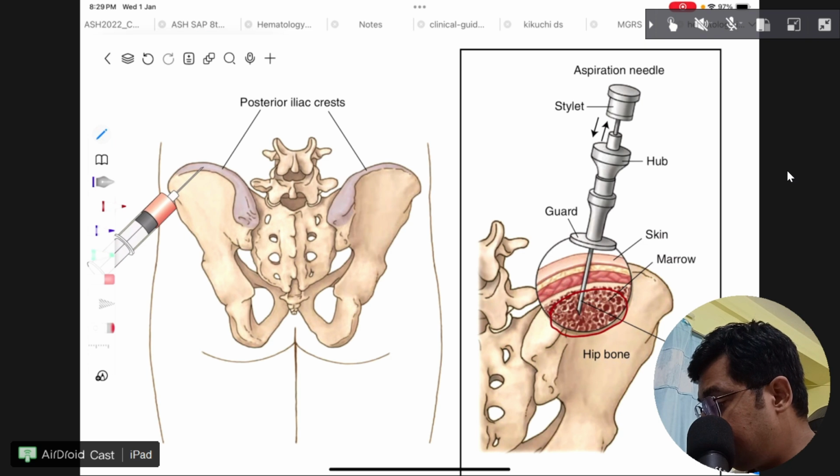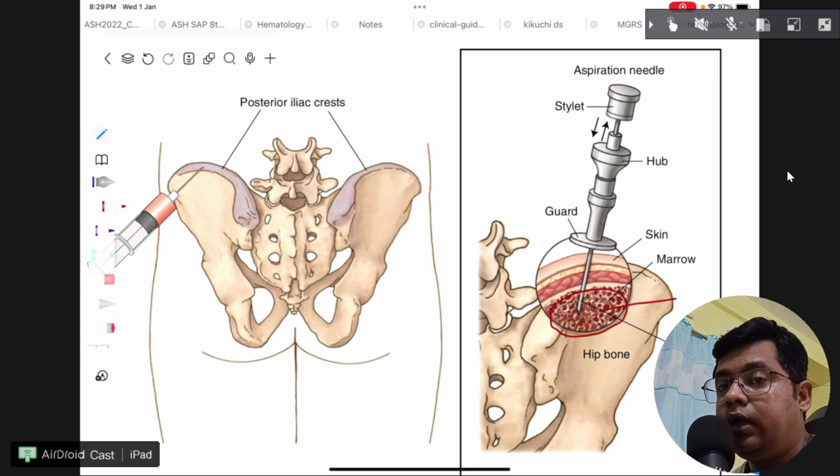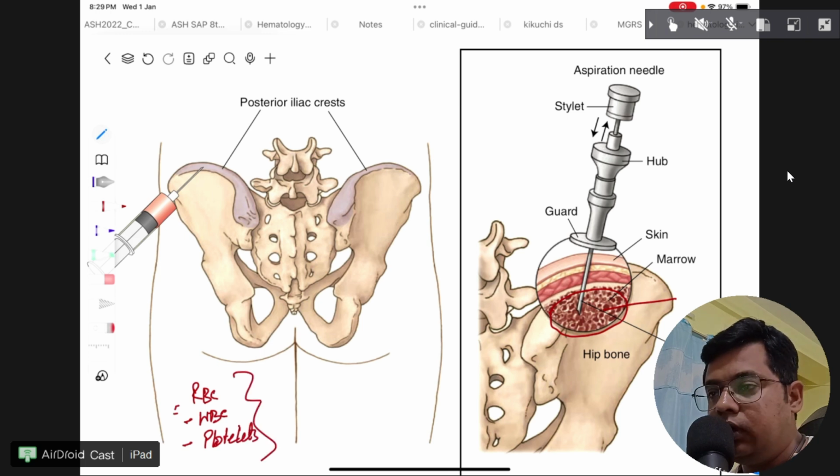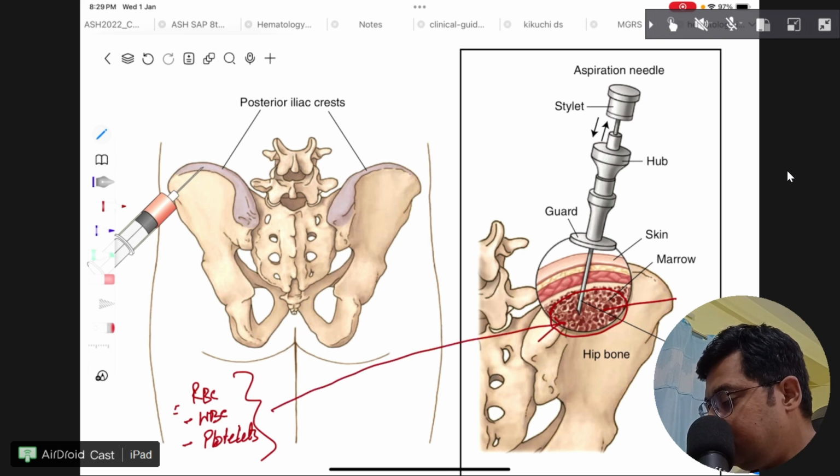Because bone marrow is the place where the cellular elements of blood, that means RBC or red blood corpuscles, WBC or white blood corpuscles, and platelets, are formed. So bone marrow is where these specialized tissues are present within our body.